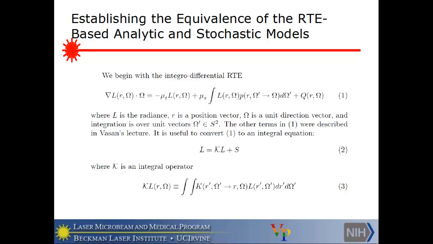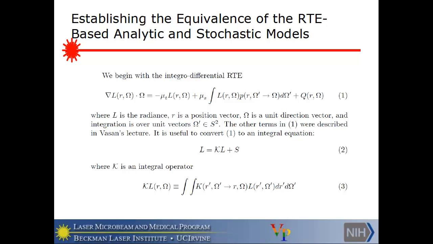You can't write the inverse of an operator as a ratio. But if you think of it as a complex number with absolute value less than 1, 1 over 1 minus z is 1 plus z plus z squared and so on. That series converges when the absolute value of z is less than 1.